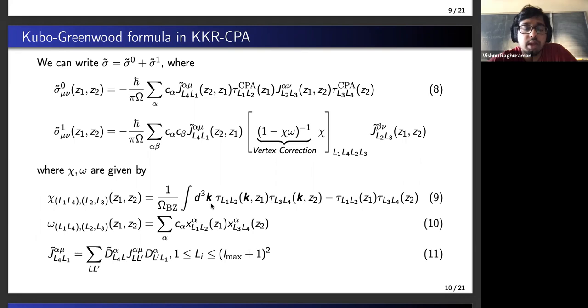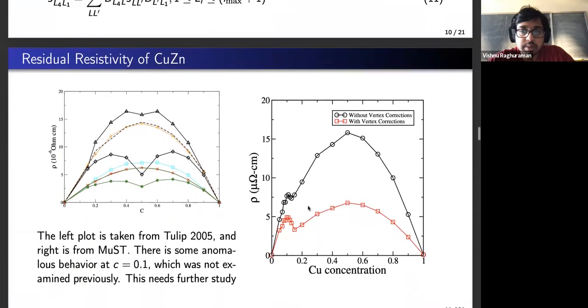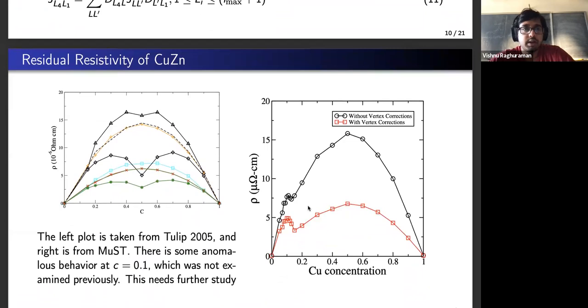Generally this can be simplified by integrating over the irreducible Brillouin zone and using the symmetry properties of your crystal to multiply with the rotation matrices to recover the other parts of your integral, which is what we're also doing. So here are some systems on which we have applied this.